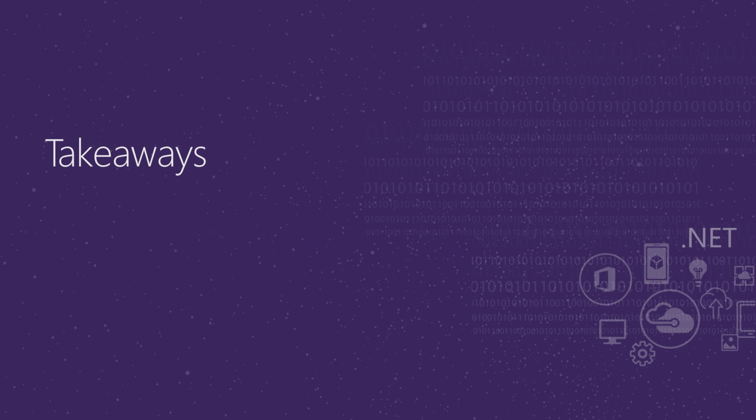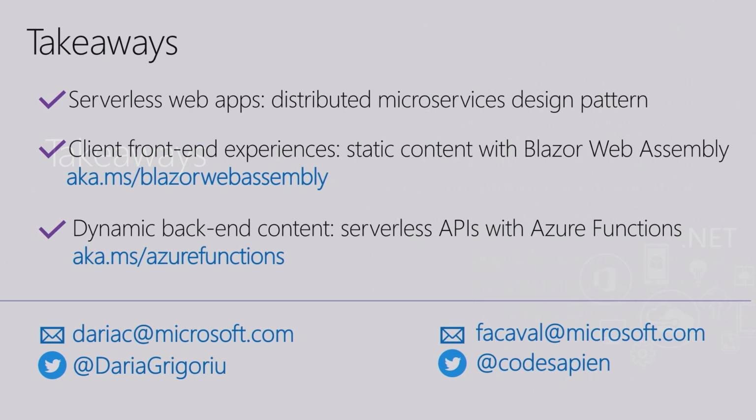So now that we've talked about each of these components and demos and concepts in isolation, we have a few takeaways. The first one is that you can really leverage the power of distributed microservices to create complex serverless web apps that are really not that complex to implement.